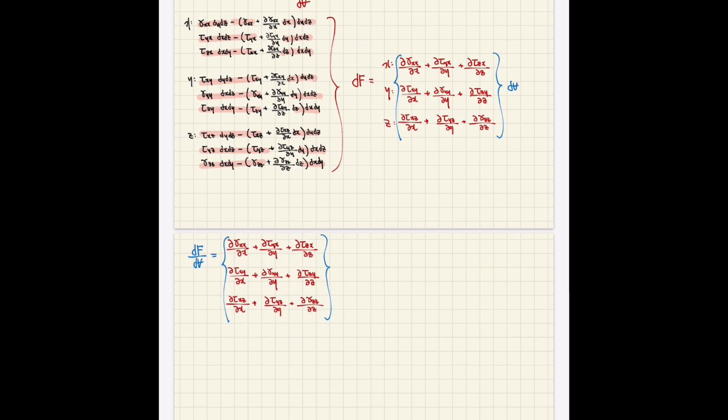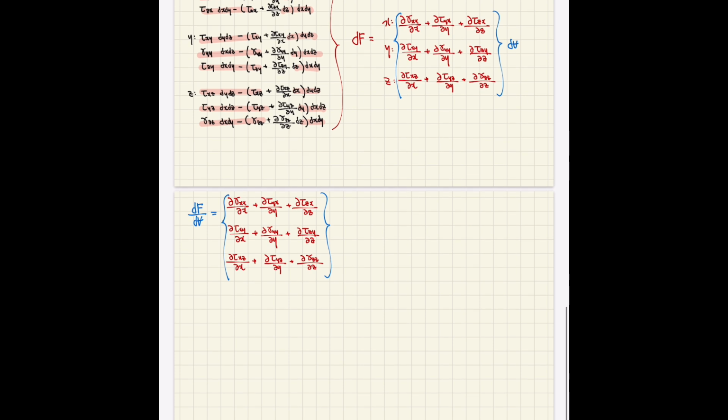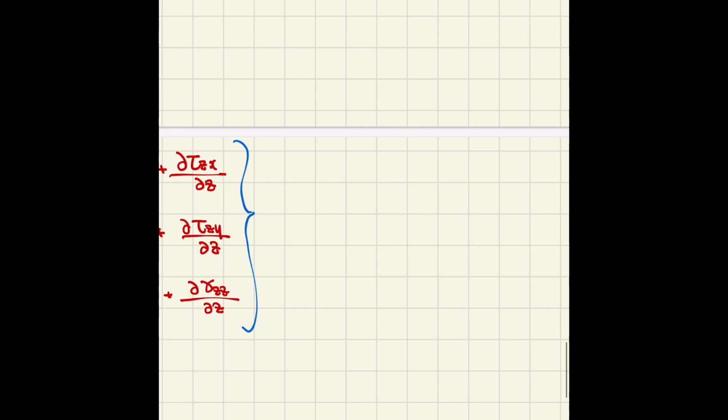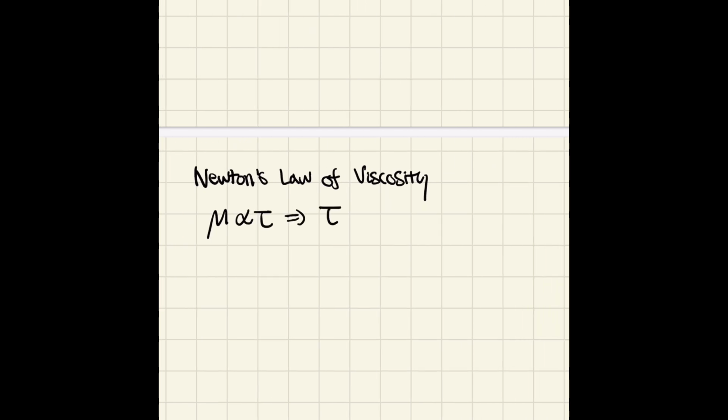But there is one more simplification that we gotta do, which is using Newton's law of viscosity, we can rewrite these equations. So let's first write Newton's law of viscosity. Newton's law of viscosity states that the tau yx can be written as mu times du dy.